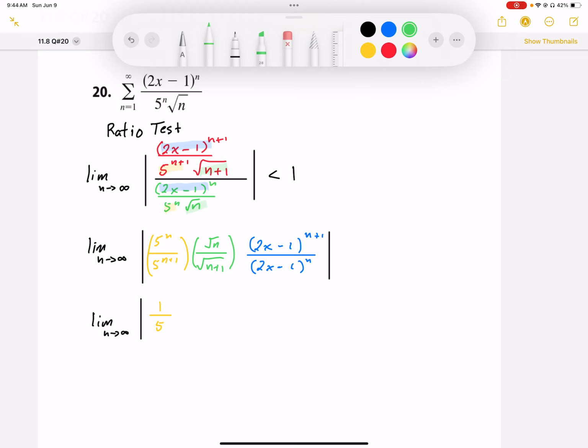The root, we're going to have to apply a limit to this, and this will become 1. We have root n over root n essentially. And then for the power part, we're just going to end up with 2x minus 1 once the exponent n's cancel out.